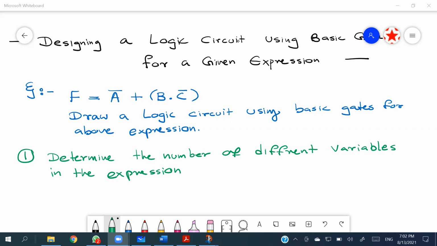If you have an A bar and an A, there are not two variables there. It is just one single variable. A bar is also A, and A is also A. So here you got A bar, B and C bar. So 3 variables are there.